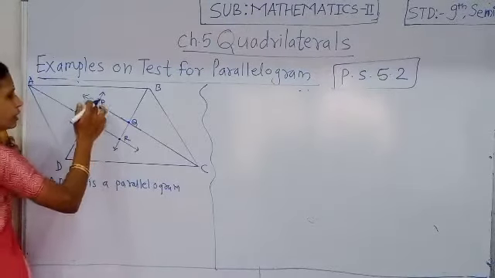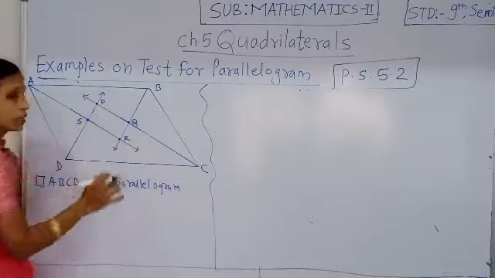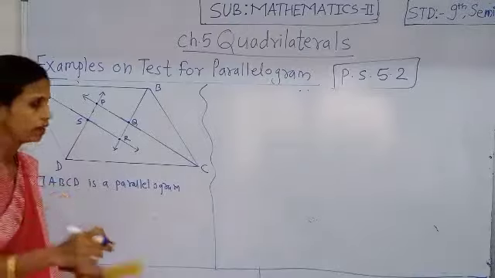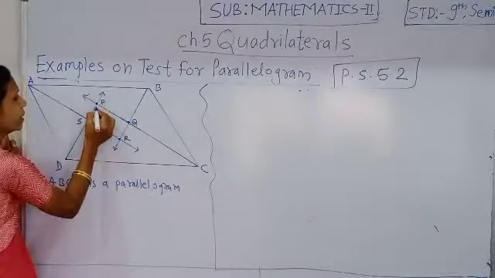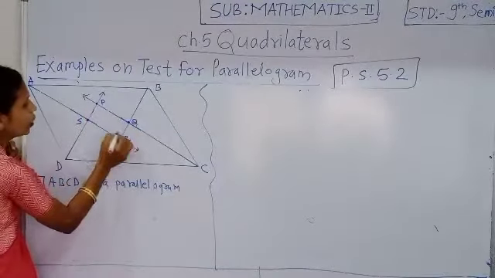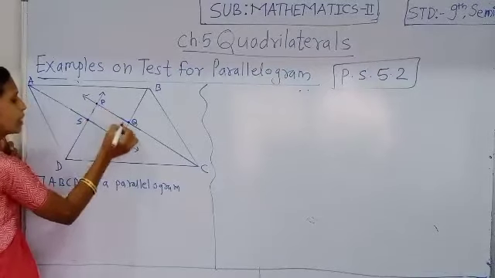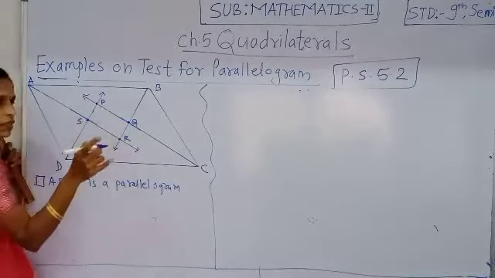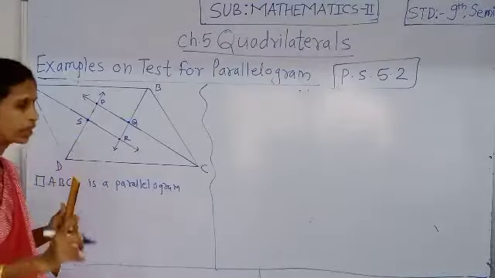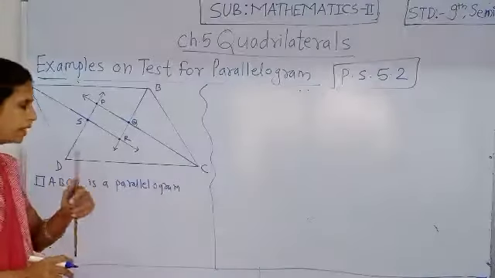We have to prove that PQRS is a rectangle. That means we have to prove that every angle of PQRS, that is angle P, angle Q, angle R and angle S, is a right angle, that is 90 degrees.